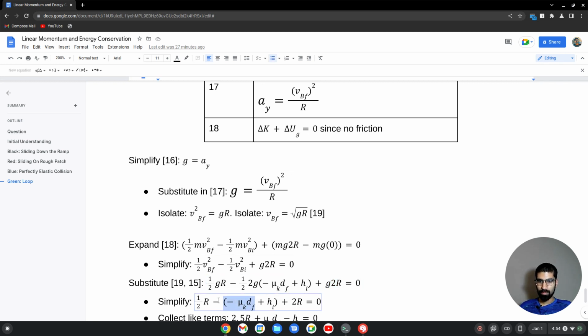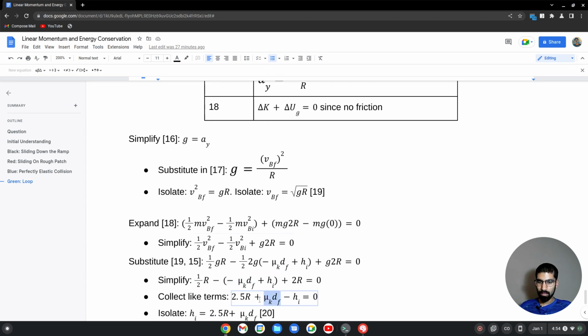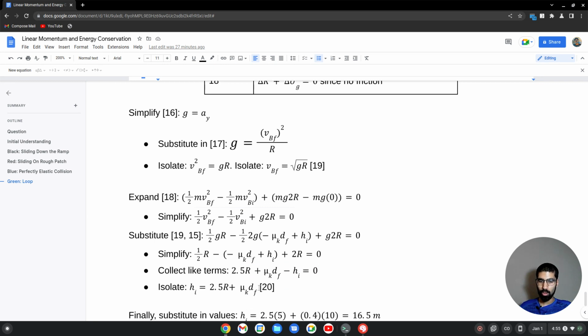Let's clean up this negative negative, turn it into a positive, and then this negative also distributes over h_i. Also, I collected 2r and 1/2 r to make 2.5 r. And finally, long time later, we can just add h_i on both sides of the equation and we are done.